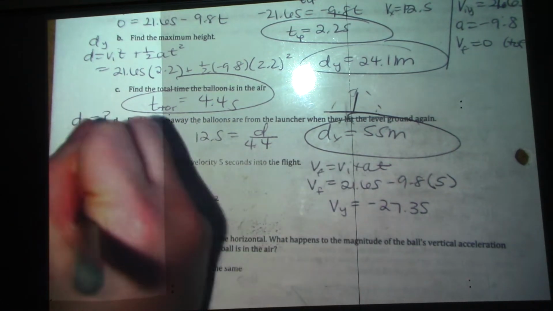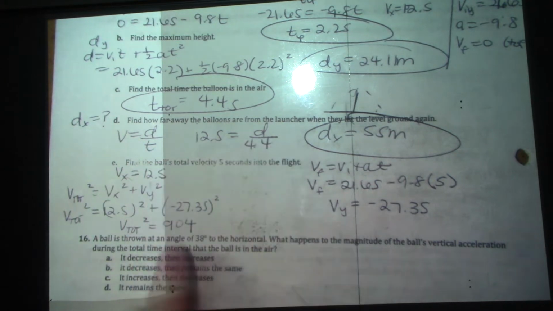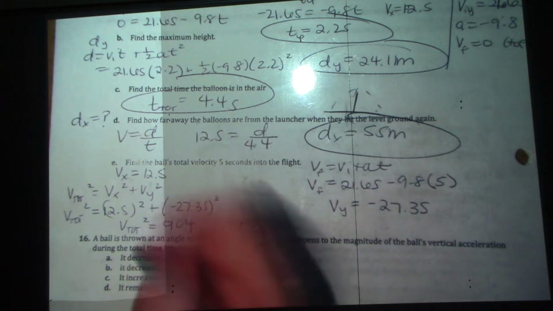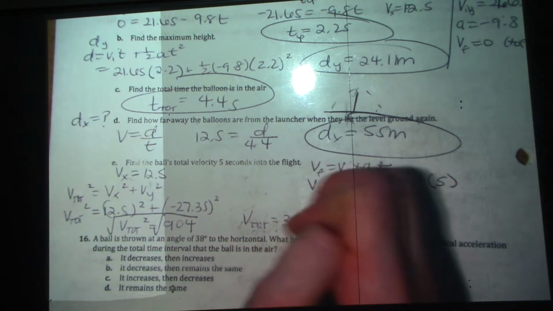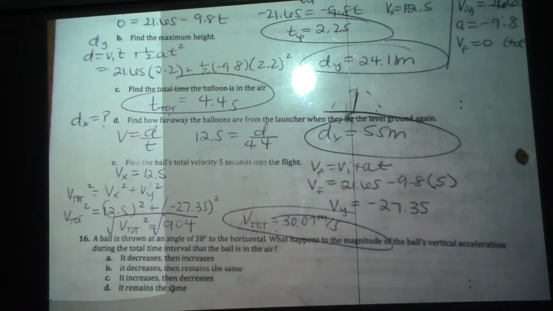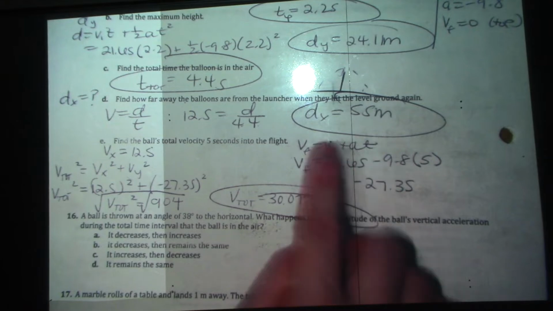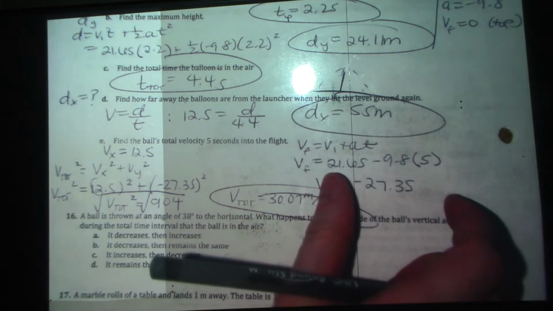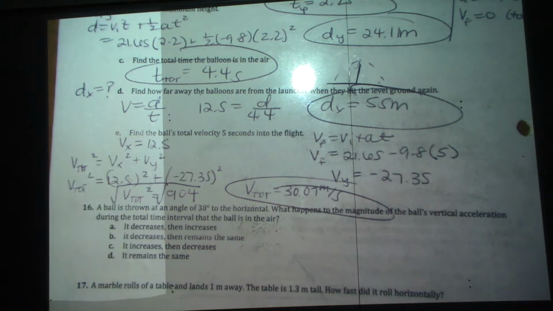So that gives me what v total squared is, which is 904. And that's what v total squared is, not v total. So now you take the square root and you get that v total is 30.07. So step 1 is using that first equation to find your y velocity, and then after that it's Pythagorean theorem. X velocity squared plus y velocity squared equals hypotenuse squared.